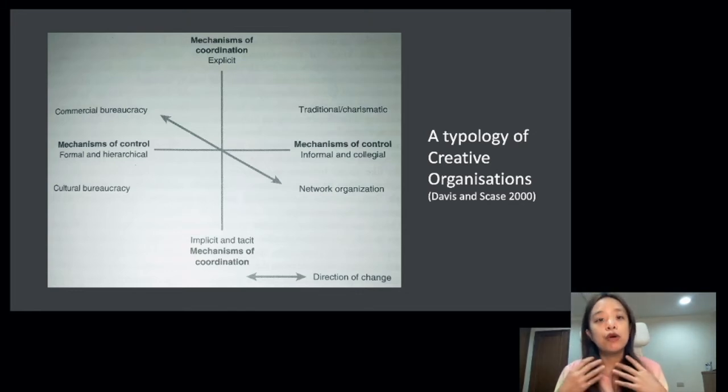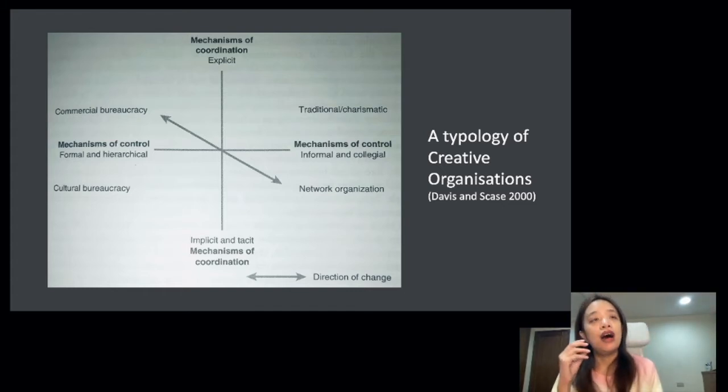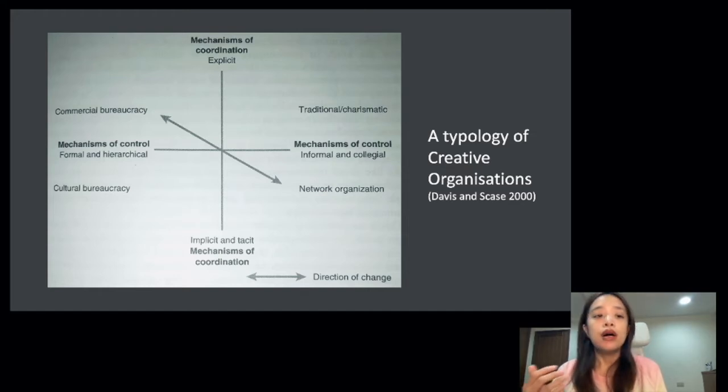If we want to come up with an example, we could think of a dance group, a more established dance group, but one that is led by a charismatic figure or the artist himself. Even though it requires a very explicit level of coordination, such as having its department of art administration, and also among the dancers a high level of coordination as well. So that would be one example for that.